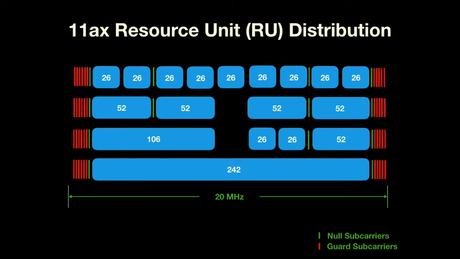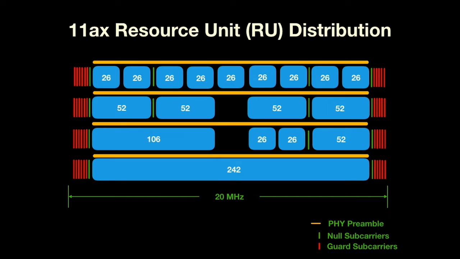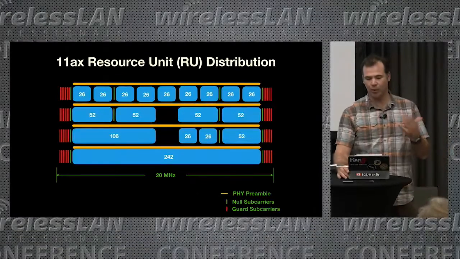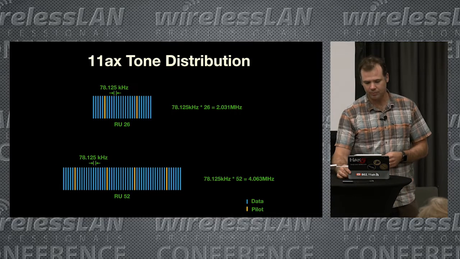And added on top of that, you have a whole bunch of guard bands, which protect you. And then to make it more accurate, as we learned in Gearman's presentation, we have that preamble that comes through. So the preamble goes across the entire width of our 20 megahertz wide channels before they get broken down into the baby RUs.